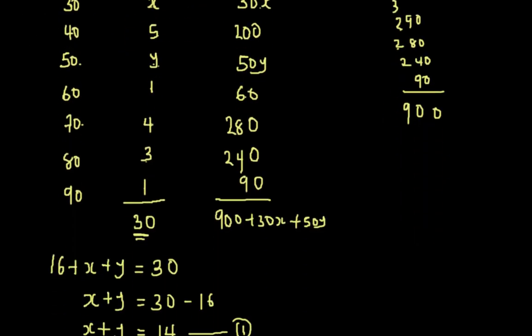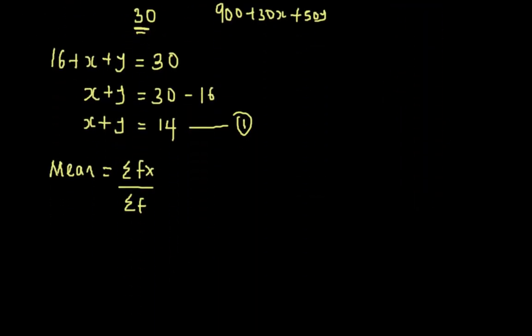So we are going to have 52 equals to summation fx, which is 900 plus 30x plus 50y, all over summation f, which is 30.